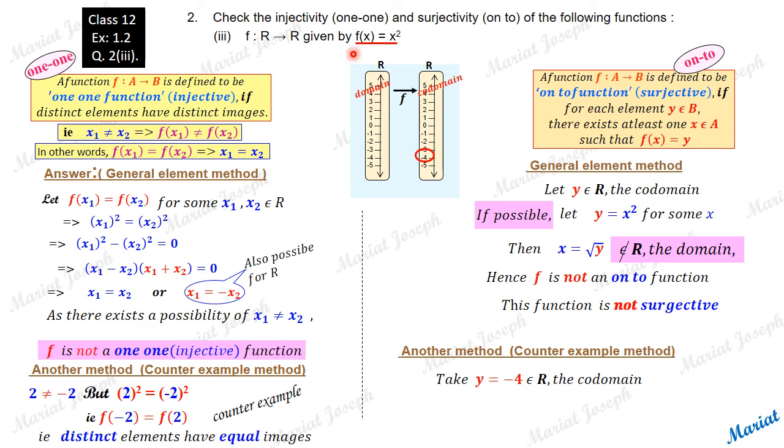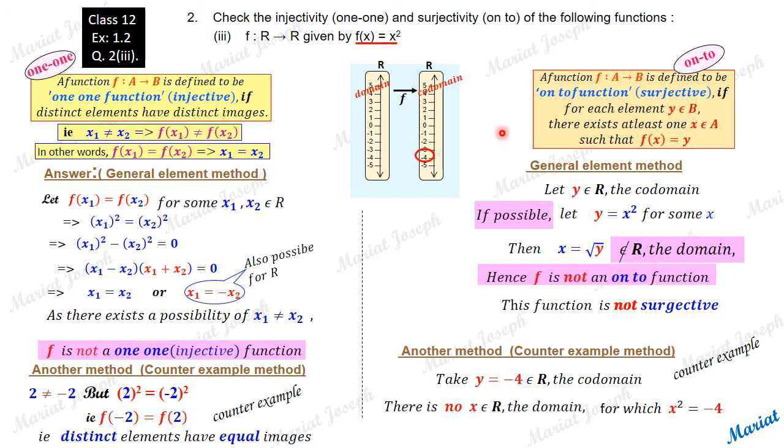There is no real number whose square can be minus 4. So, there is no x belonging to the domain such that x square could be equal to minus 4. It's never possible. This numerical example is a counterexample, an example which goes against the definition. So we conclude that the function is not an onto function.